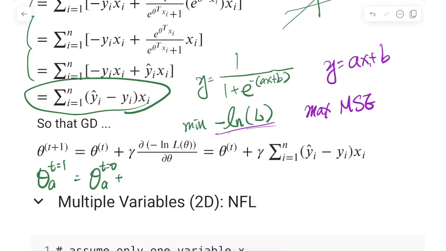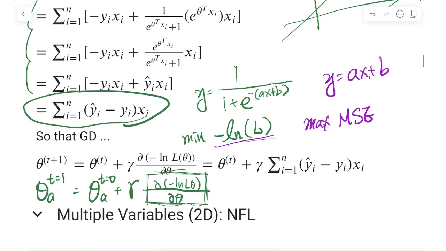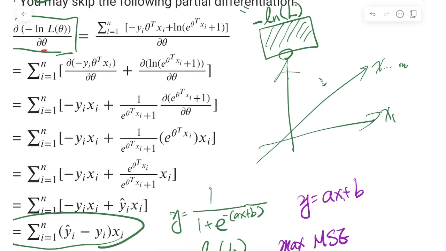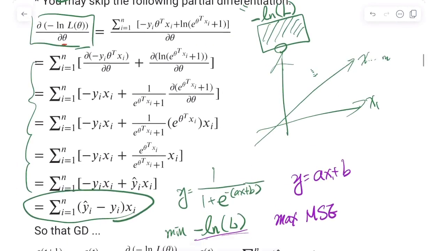So for example, if you would like to find the A star, you can start from this form. That is the first time you find the partial differentiation of this value. So that is the direction of your tangent line in this space, right?